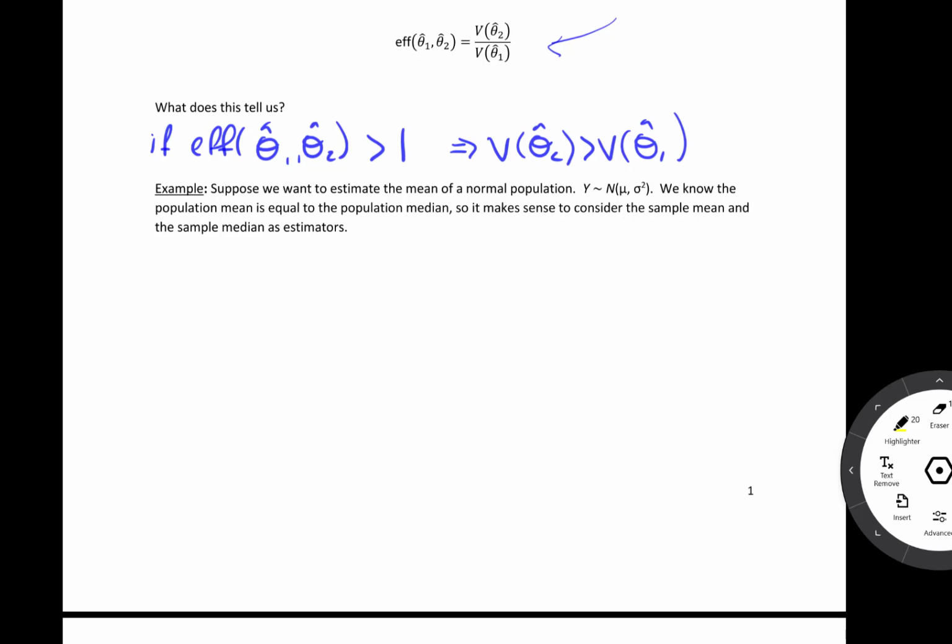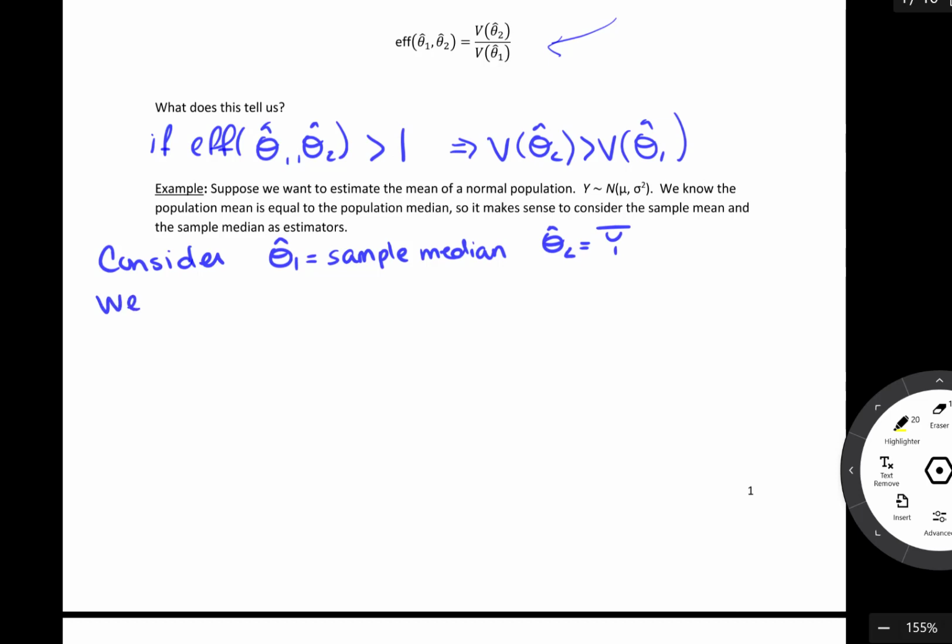We know the population mean is equal to the population median because the normal is a symmetric distribution, so it makes sense to consider the sample mean and the sample median as both estimators. So consider the following. We're going to let theta hat 1 be equal to the sample median, and we're going to let theta hat 2 be equal to the sample mean.